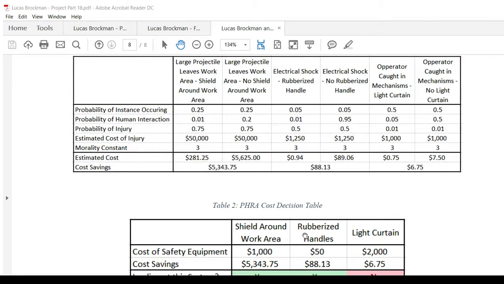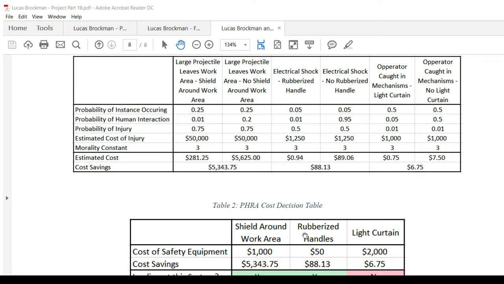Finally, looking at the results of this analysis with respect to cost to the owners, you want to compare the cost of the safety equipment with the cost savings calculated in Table 1. For the shield around the work area, the cost savings are $5,000 and the cost of safety equipment is $1,000.